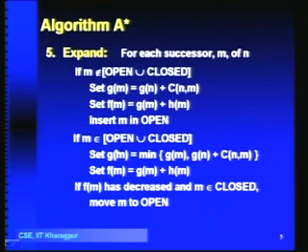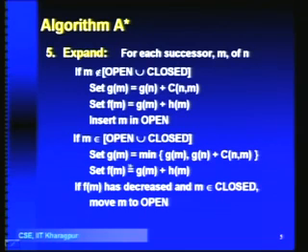Again, if m already belongs to open or closed, then we set Gm equal to the minimum of Gm and Gn plus Cnm. So, we see whether we have obtained a better path to reach the state m, right. Hm is going to remain the same.